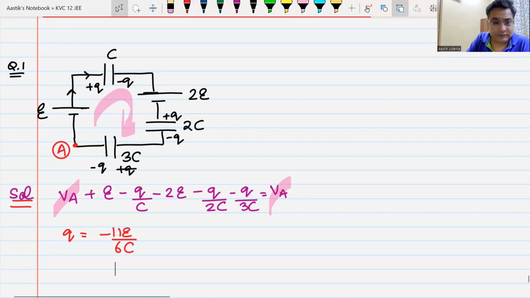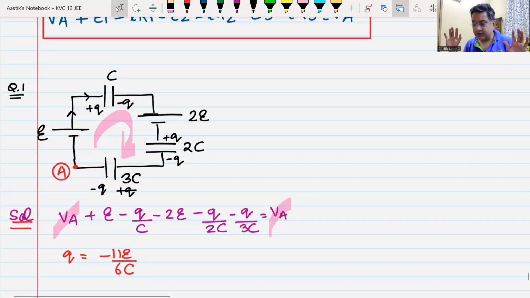You can calculate this, yes or no? Sir, yes, beta. We got minus 6EC by 11. I don't know, if you can't add and subtract from here, I can't help you. I can only tell you how the equation is made. If you can't solve it from here, I can't help you.